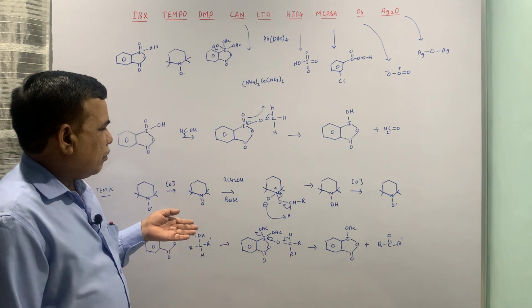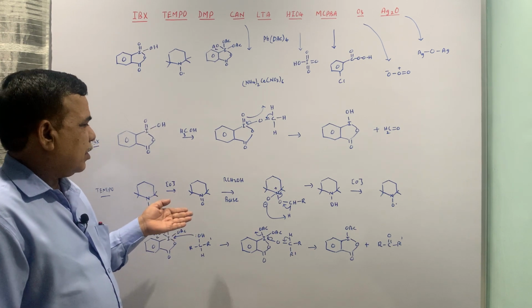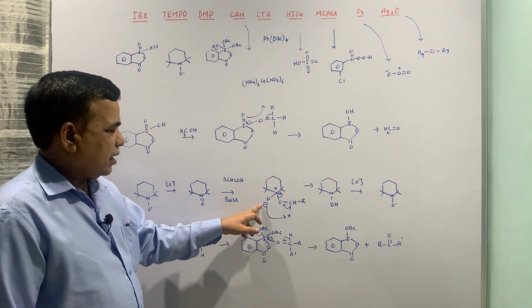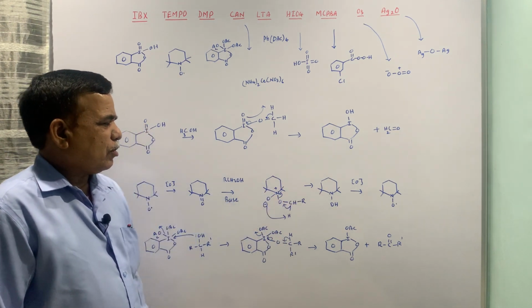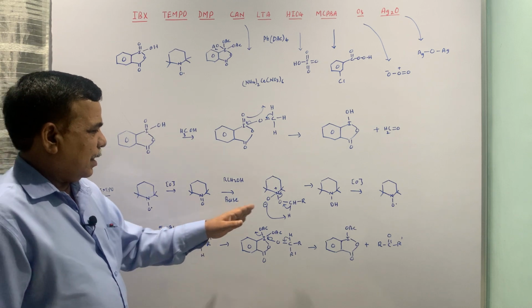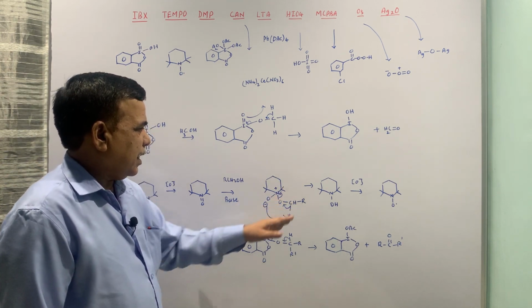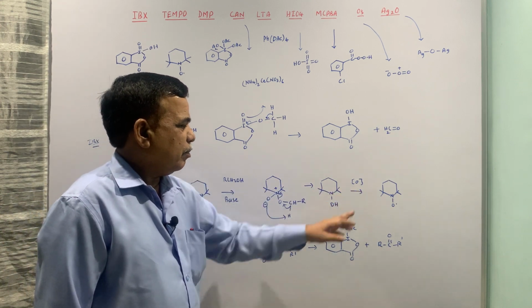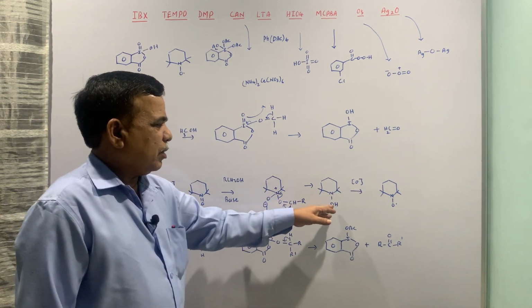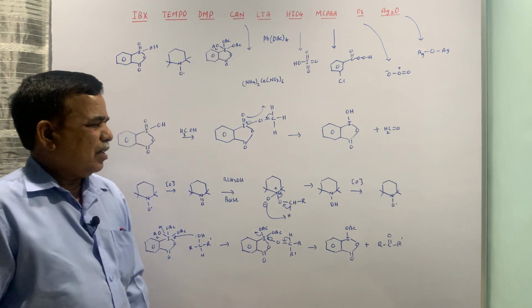So 4 bonds means it should have a positive charge. Then this O minus takes a proton and it becomes a hydroxyl group, and in the process you get RCHO. RCHO is going out, and this can be oxidized, or the proton can be removed.